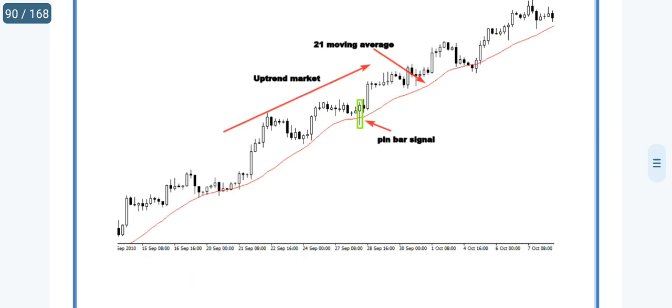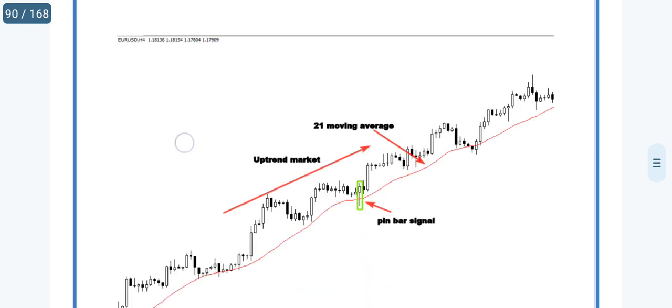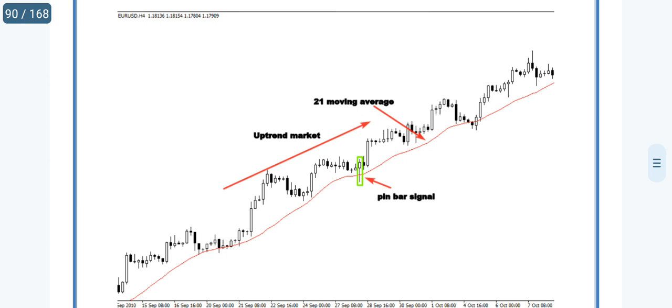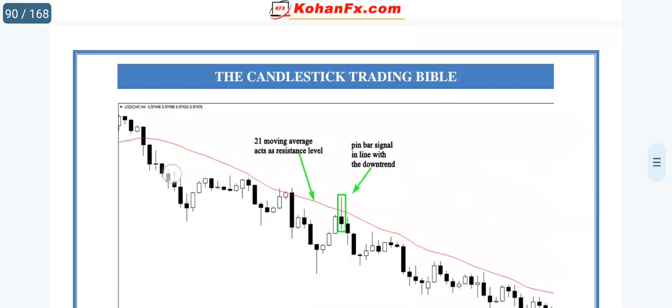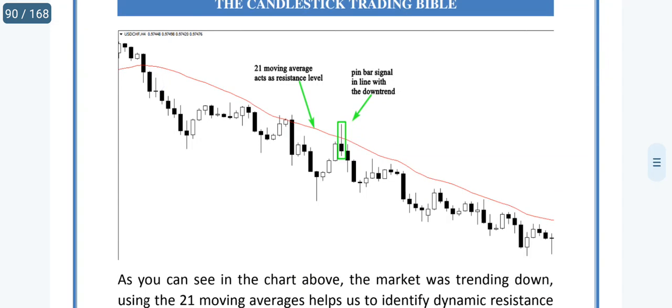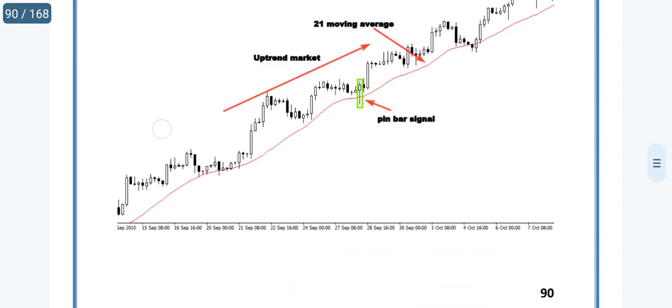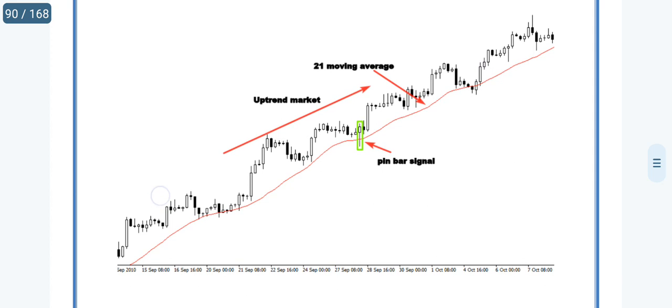So you can also observe the illustration. This is a trending market. The first one was a downward trend, and this is an uptrend market, and we are seeing that the moving averages are going to help us identify the penny bar candlestick signal.